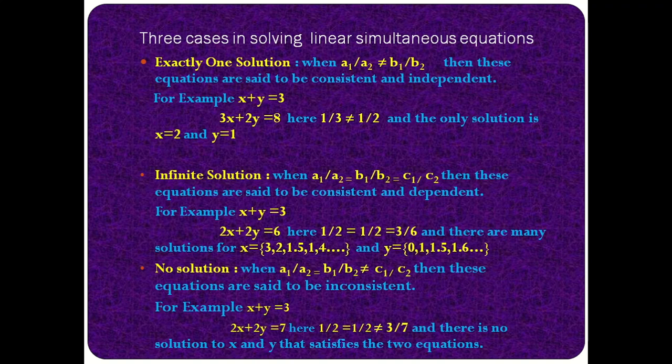If you need an exact solution, the condition being that a1 by a2 should not be equal to b1 by b2. a1 by a2 means these are the coefficients of the first variables of the equations. a1 is the coefficient of the first equation, a2 is the coefficient of the second equation.